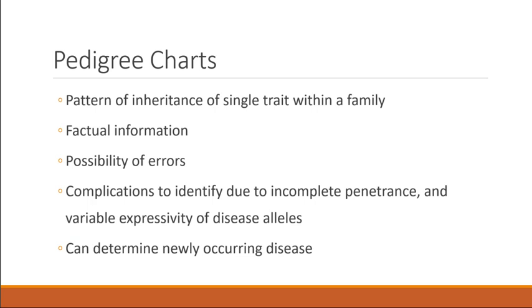Now pedigree charts are basically about the patterns of inheritance of any single trait existing within a family. Each pedigree represents all of the available information about inheritance within a family. The pedigree chart is drawn using the factual information that we could collect, but there is always some possibility of recall bias or memory bias, and therefore some of the information could be skipped, right?